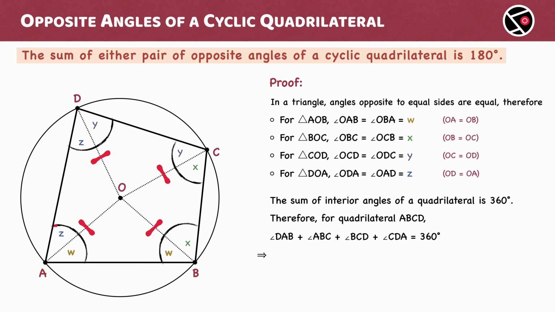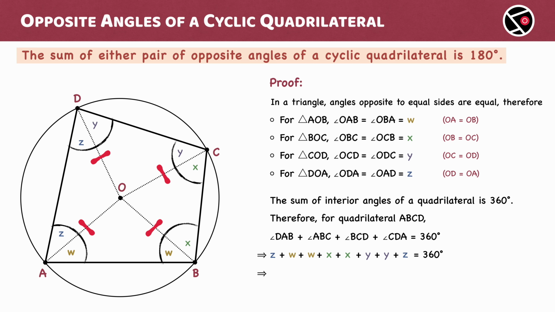Now, angle DAB is Z plus W. Angle ABC is W plus X. Angle BCD is X plus Y. And angle CDA is Y plus Z. And all of this equals 360 degrees.